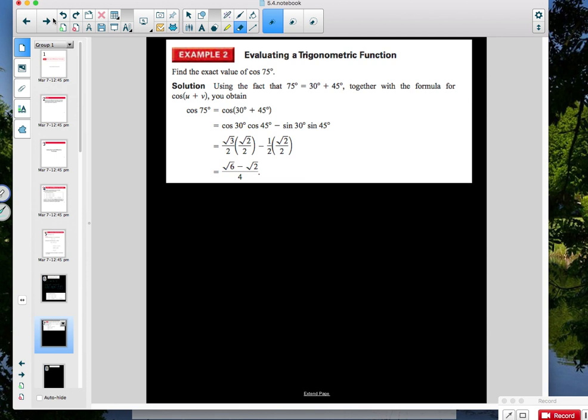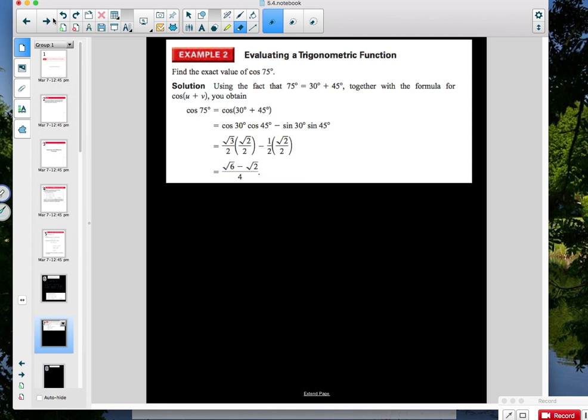So find the exact value of cosine 75. The 75, it's not one of the known angles. So I want to express 75 using the known angles. The known angles are 30, 45, 60, 90, 180, etc. So 75 can be expressed as the sum of 30 plus 45.